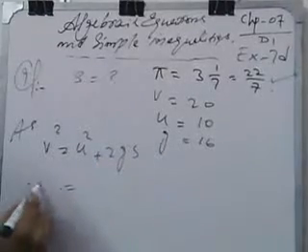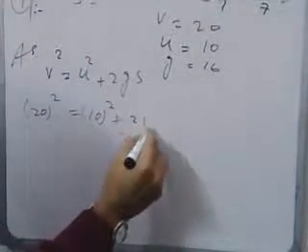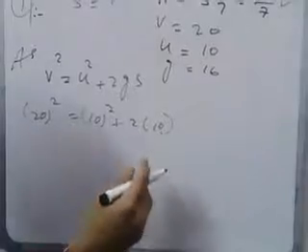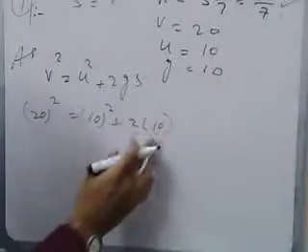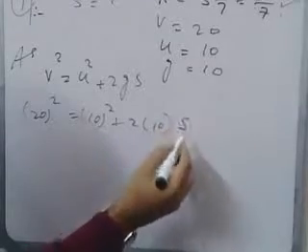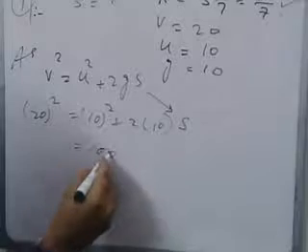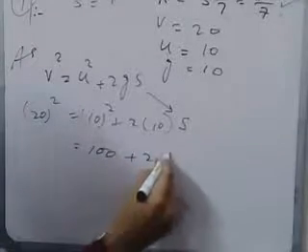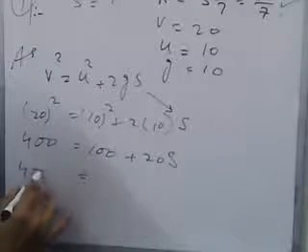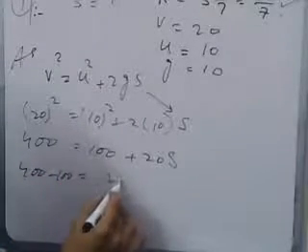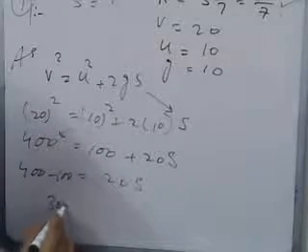The given equation is V square is equal to U square plus 2GS. My dear students, putting the values here, you will get the result. The value of U is 10 and the value of G is 10. Write clearly so that you understand it. Now we have to find the value of S, write in a similar way. 10 tens are 100 and 20S, and 20 twenties are 400.